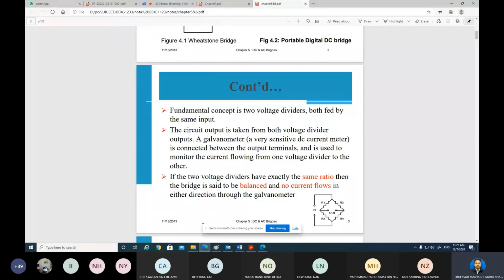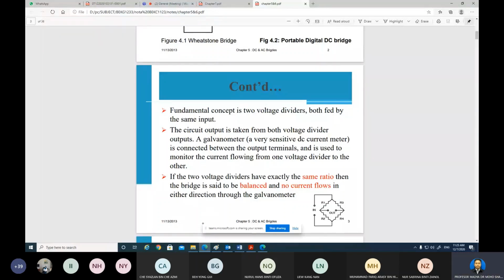The circuit output is taken from both voltage divider outputs, and the galvanometer, a very sensitive DC current meter, is connected between the output terminals and used to monitor the current flow from one voltage divider to the other.